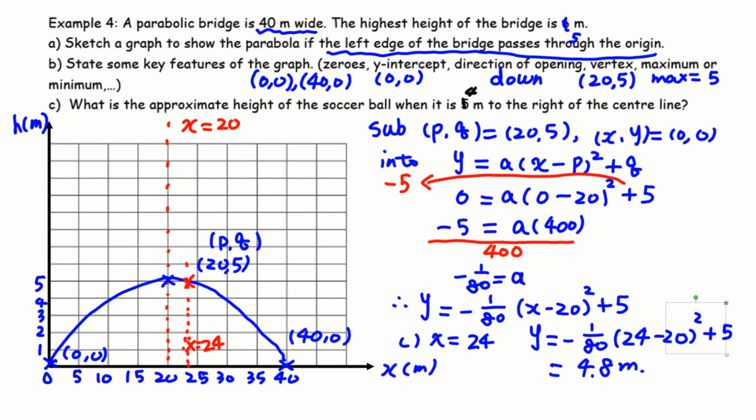So this is for this question, and you will see once we know the equation, then we are able to find the height of the soccer ball at any point. Okay, thanks for watching.